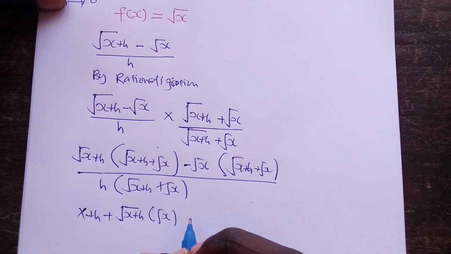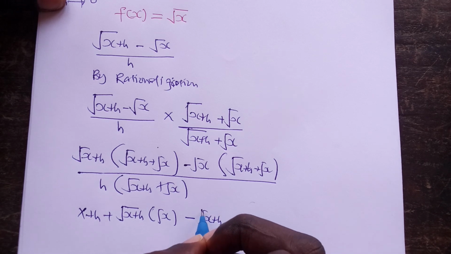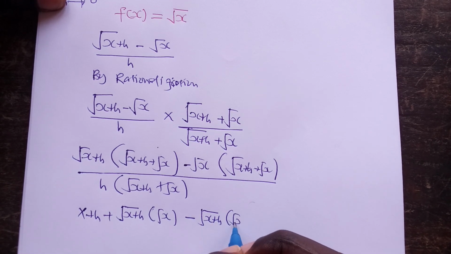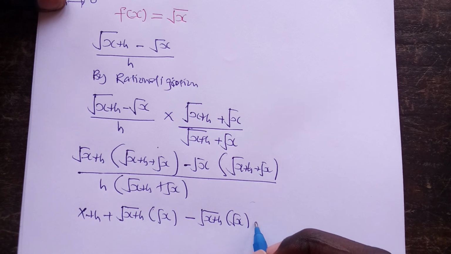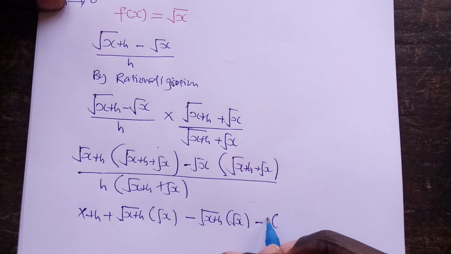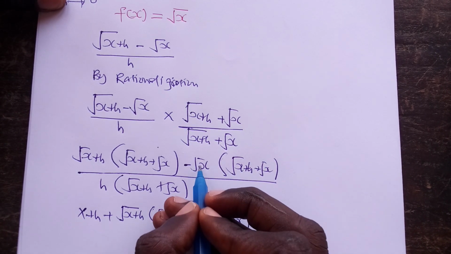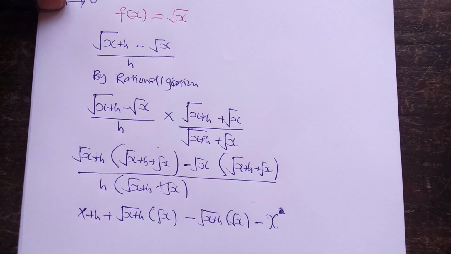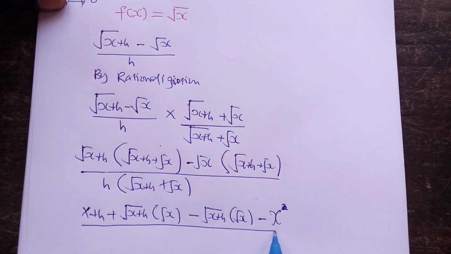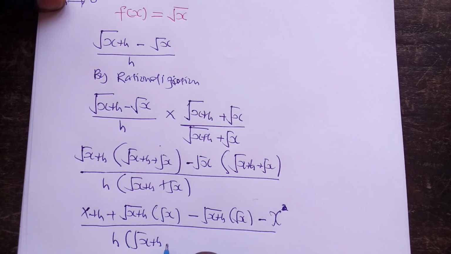The same thing minus the same thing, this is root of x plus h into root x, minus multiplying the same root, we take what is inside, that is x squared, you take what is inside, that is x. Now the next step, we maintain this one, that is h into root of x plus h plus root x.